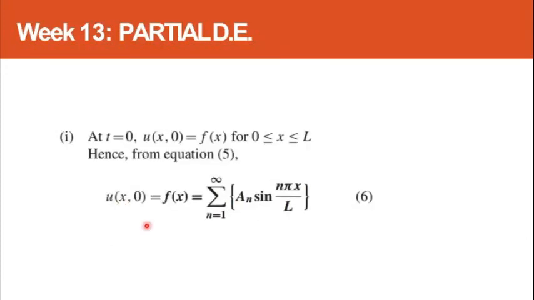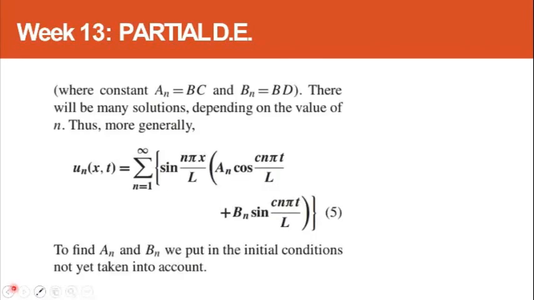And also, equation 6 is based on equation 5, where our t is 0, and u(x,0) is equivalent to f(x). The range we are using is from 0 to L. So, with this value, let's go back to equation 5.